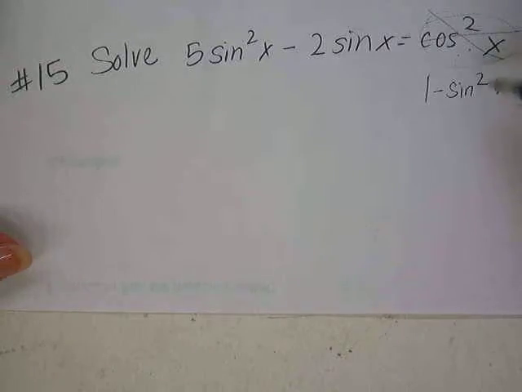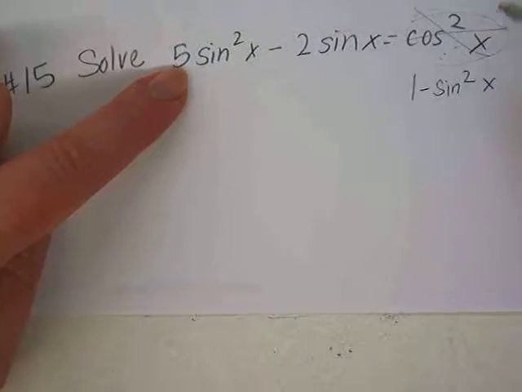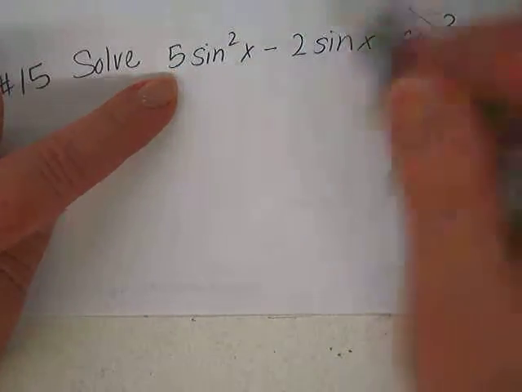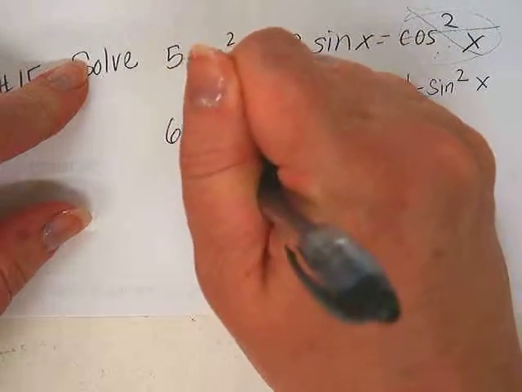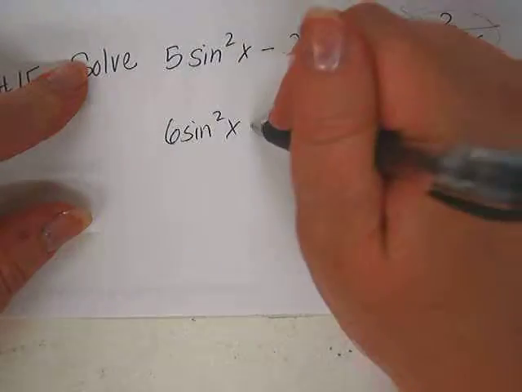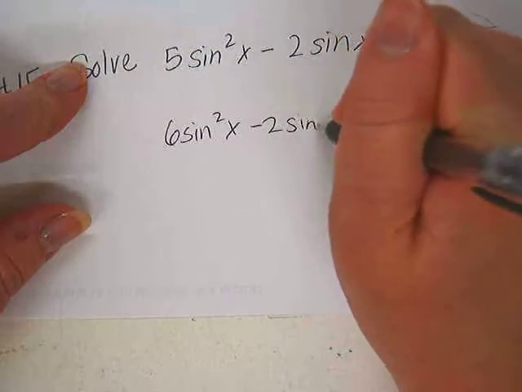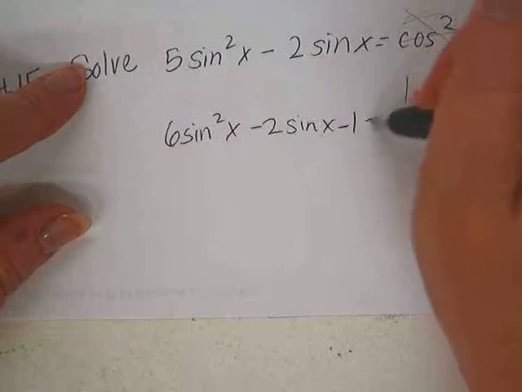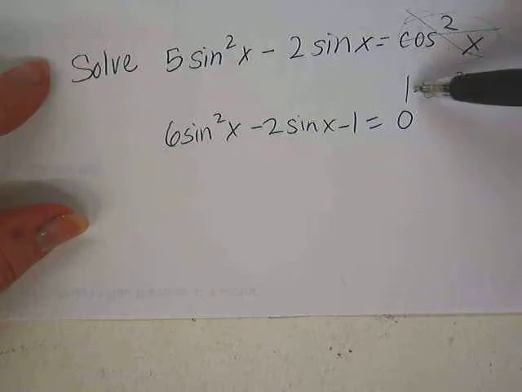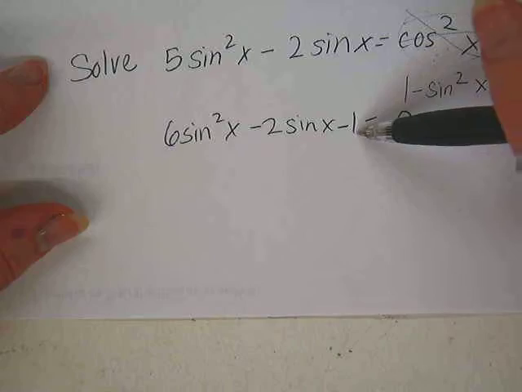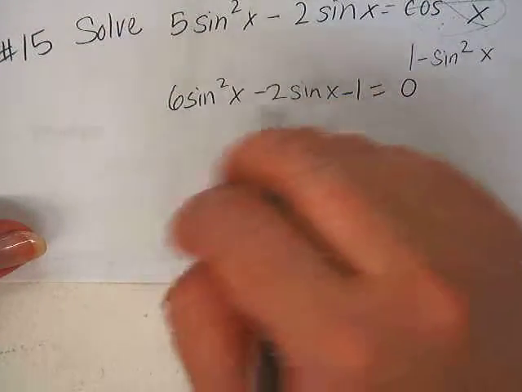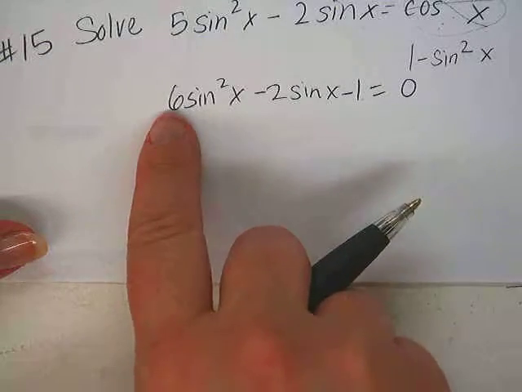That's a Pythagorean identity. Then I'm going to move everything over. I already have a 5 sine squared, and I'm going to add another sine squared to move it over to the other side. That gives me 6 sine squared x, plus 2 sine x, which stays the same, and then subtract the 1 so that I have 0.